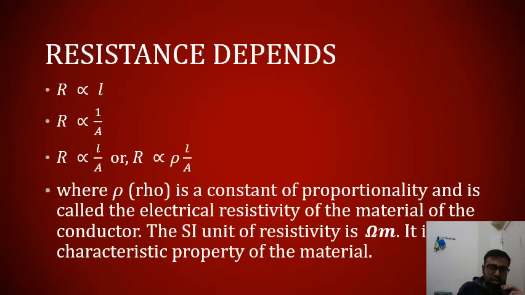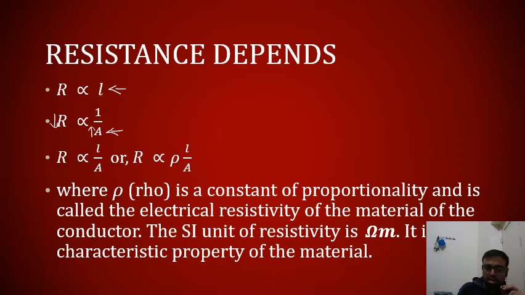So we can conclude the resistance depends on length and cross section area. Resistance is directly proportional to the length and inversely proportional to the cross section area. How? If the cross section area is increased, resistance will decrease, as we have seen in the previous slide.